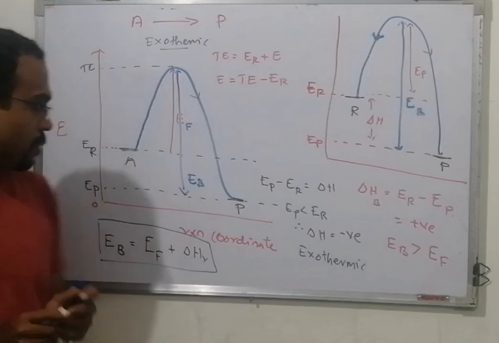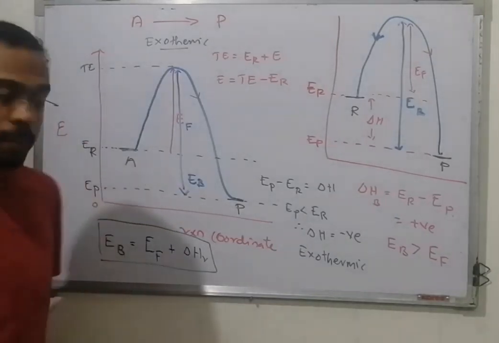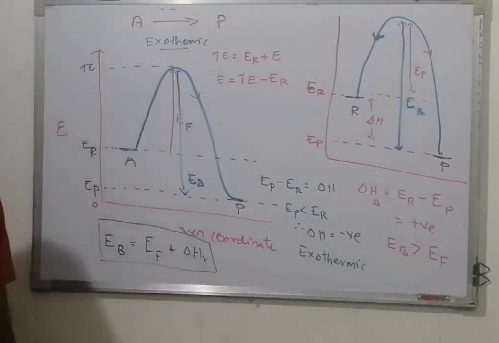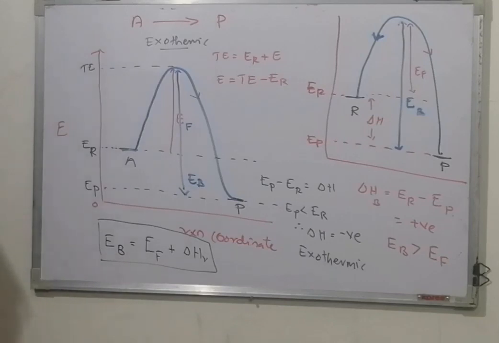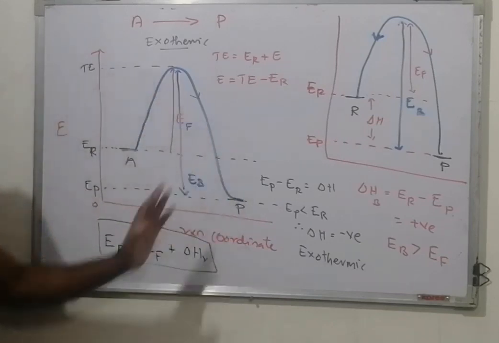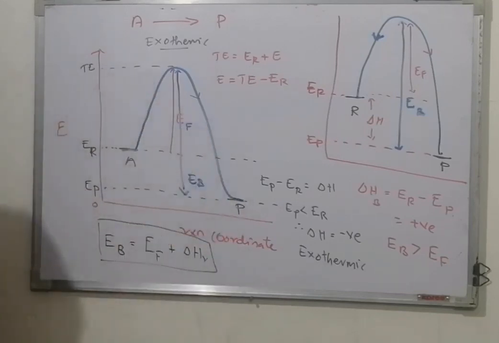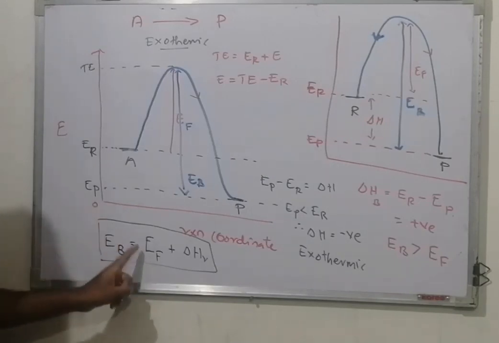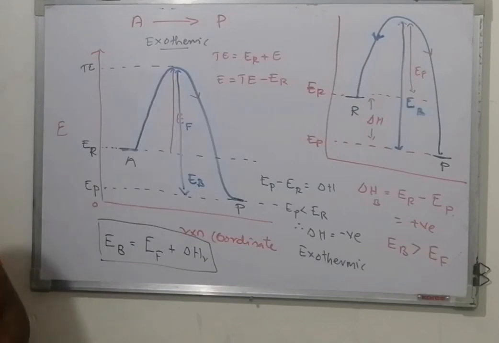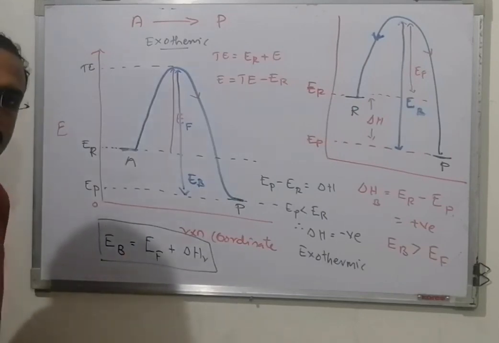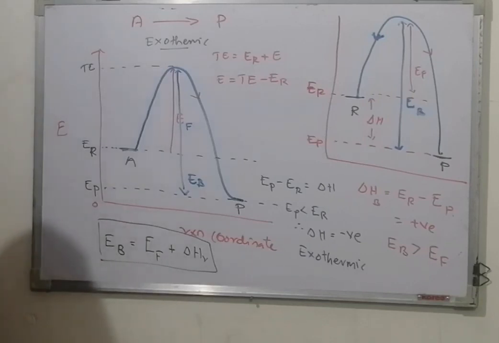Now, this is for an exothermic reaction. Remember, for an exothermic reaction, I said this is an exothermic reaction. Now, remember one point, you have to listen very carefully. For an exothermic reaction, if the activation energy of forward is 0, will the activation energy of backward be 0?